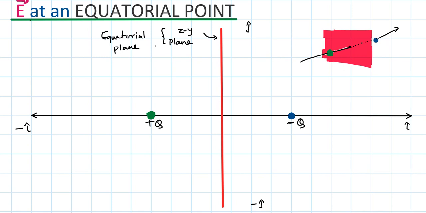I hope you understand, and I have already shown you the picture of the equatorial plane, so that might be clear for you now. Alright, so now take some arbitrary point which is not your origin.